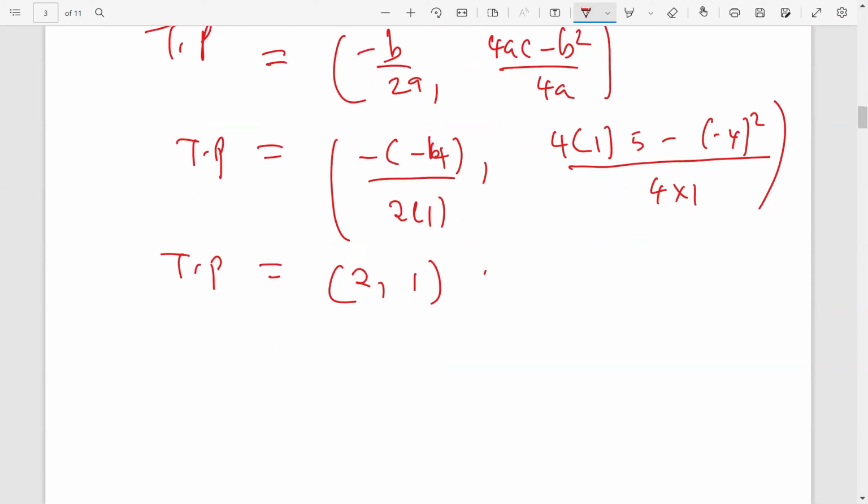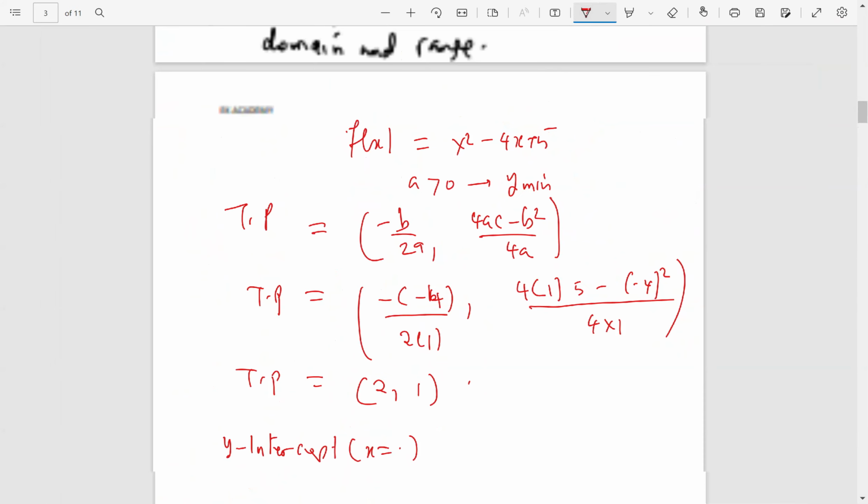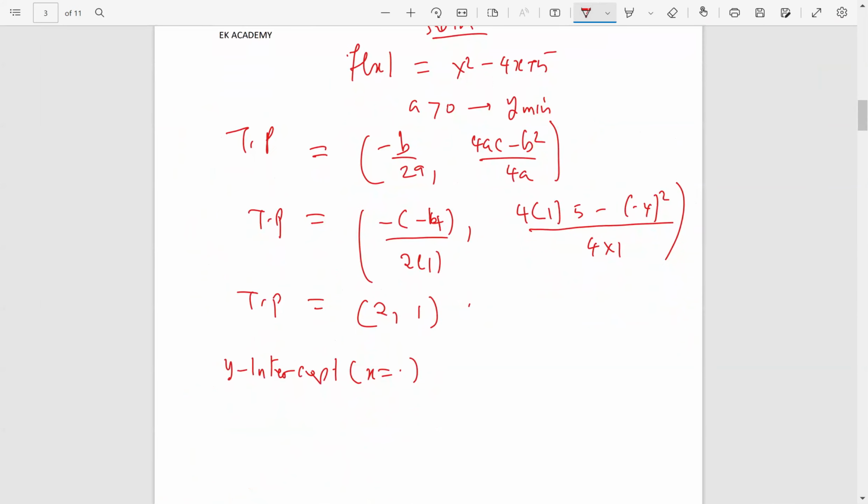That is the second step. Then we are going to find the y-intercept, and this is the case when x equals 0. From the function above, dear students, you can see that y will be equal to 5.